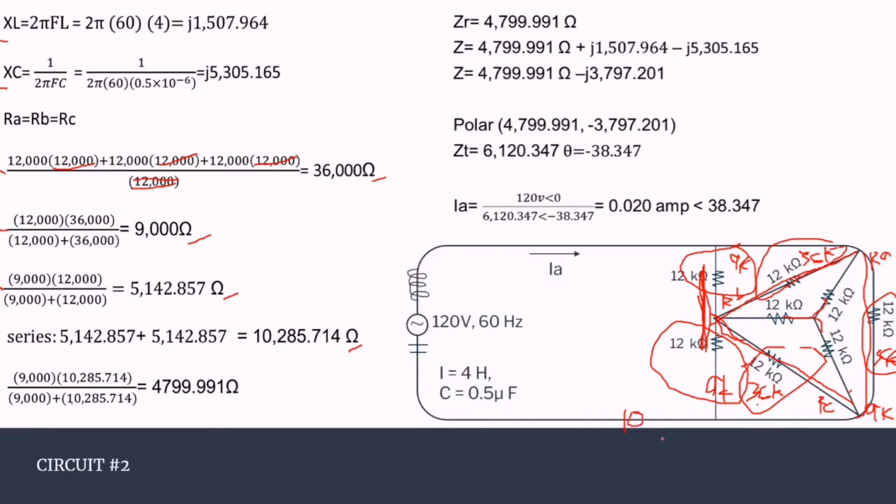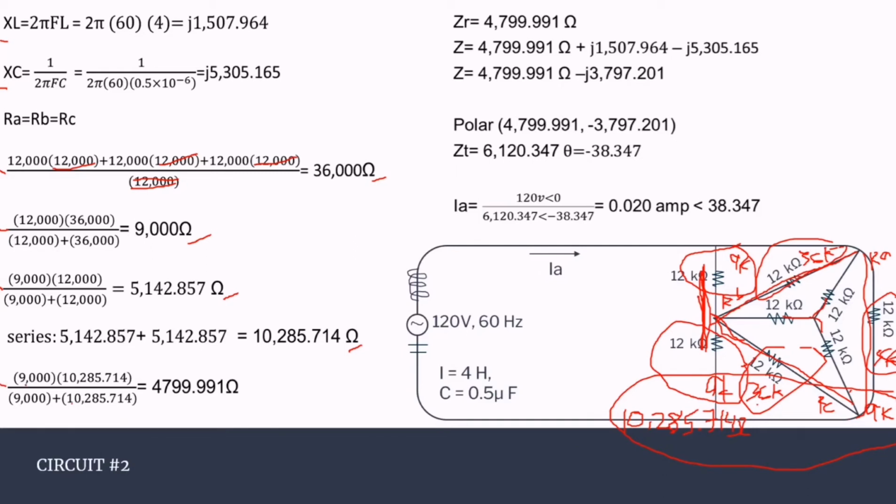So 10,285.714 ohms is parallel to 9K. We're going to compute for this parallel formula.